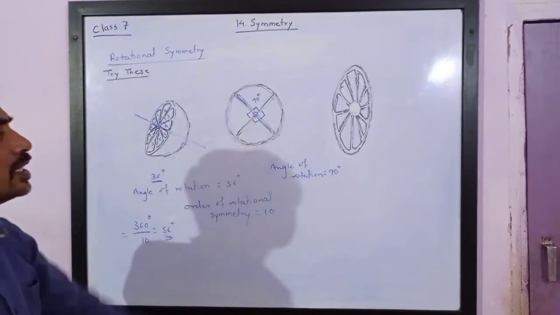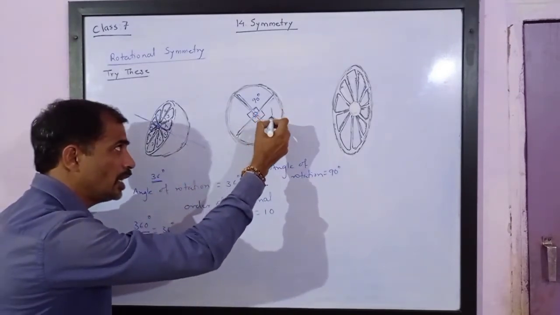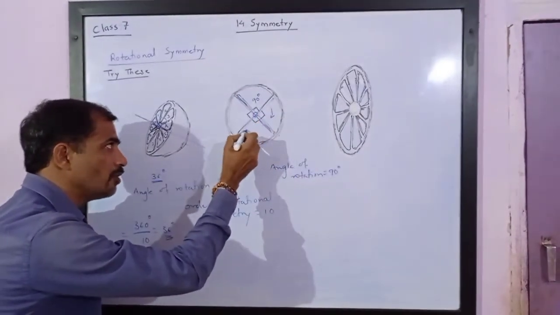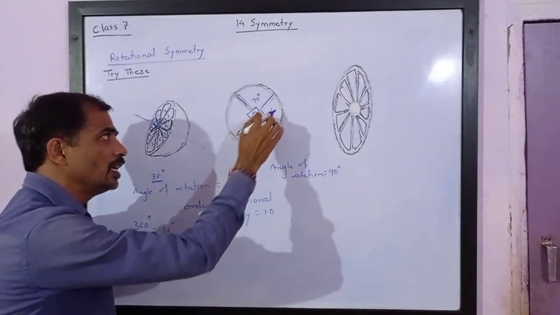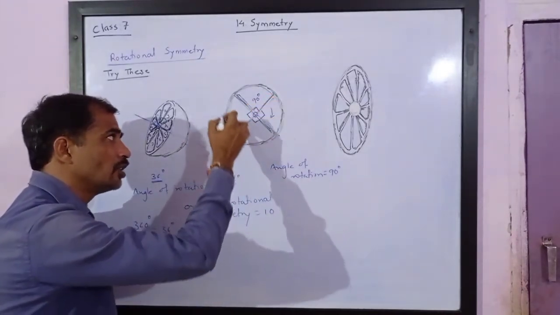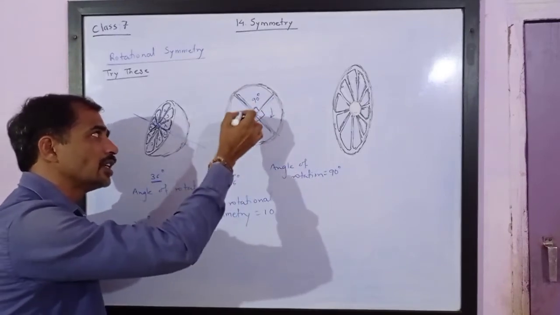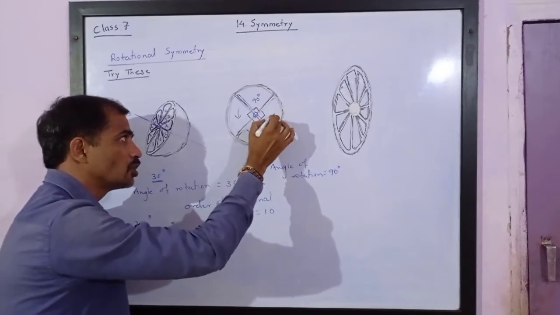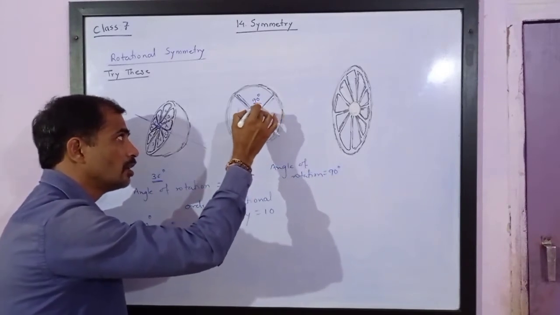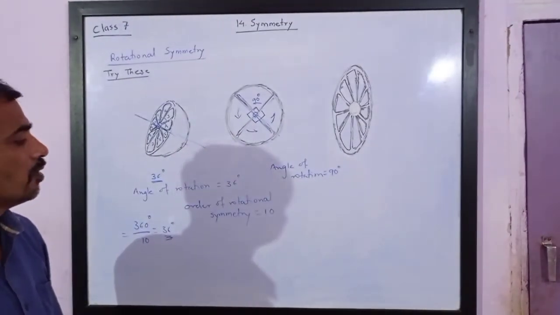The center of rotation is the center of the figure itself, and whether we are rotating in clockwise direction or in anti-clockwise direction, you can rotate it 4 times in each case. So rotation can be either clockwise or anti-clockwise.